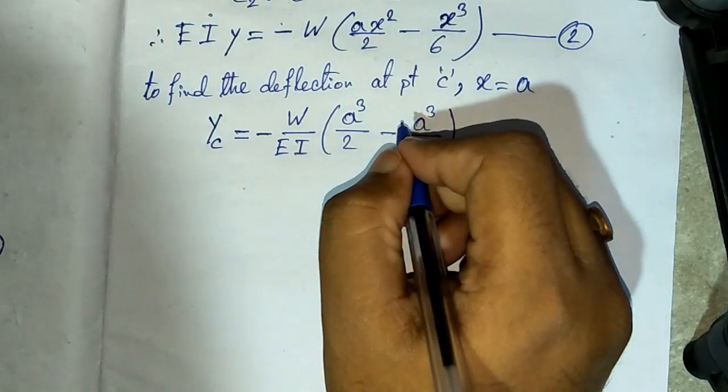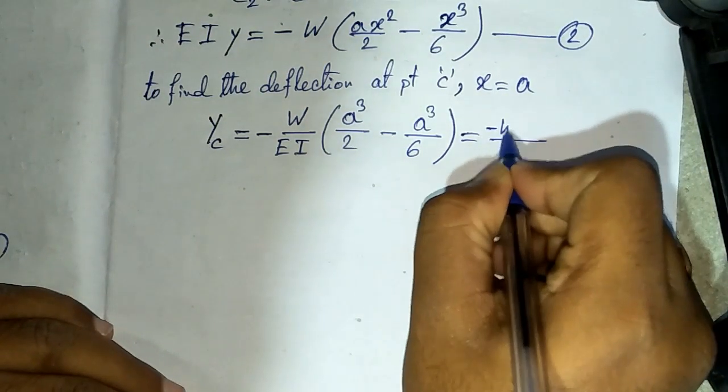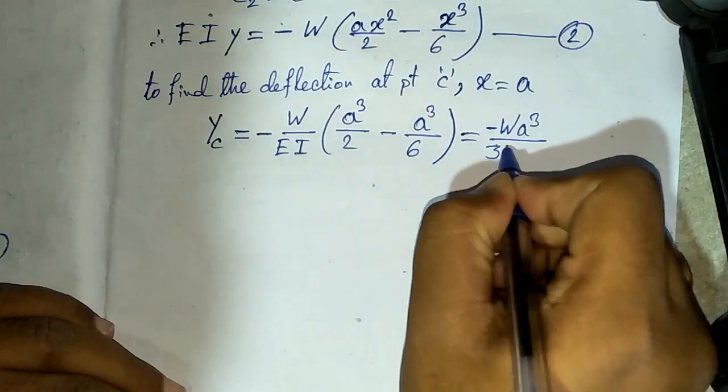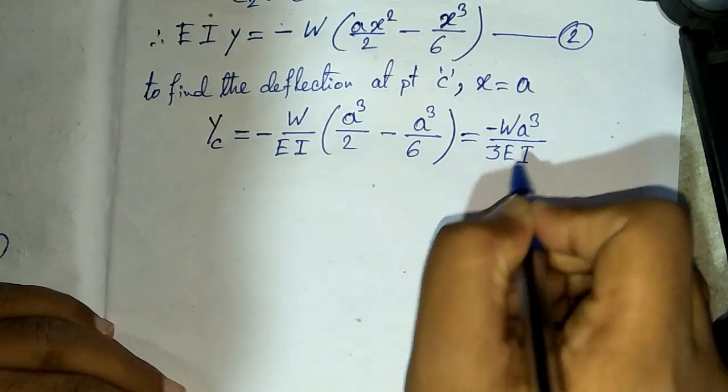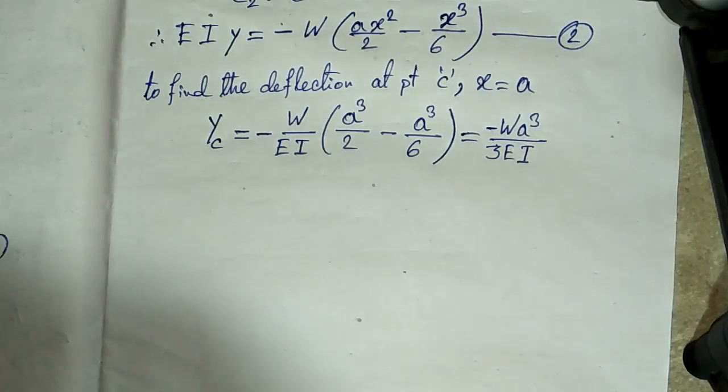So we can write that as minus W A cube by 3EI. This is the deflection at point C.